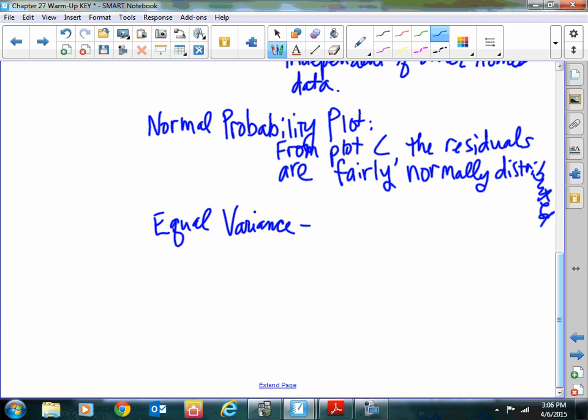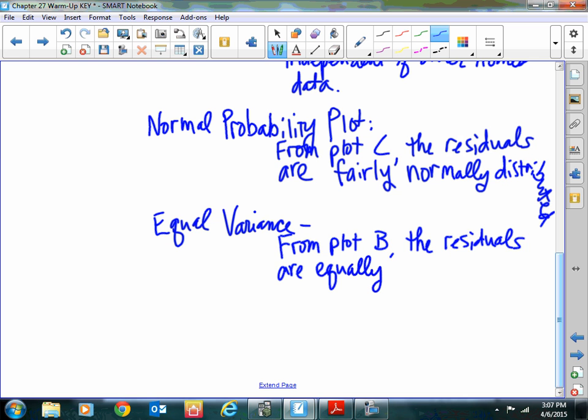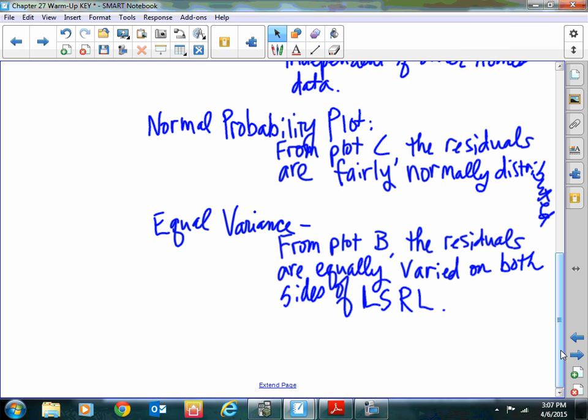So from plot B, the residuals are equally varied on both sides of the prediction of the least squares regression line. That's nice and shorter that way.